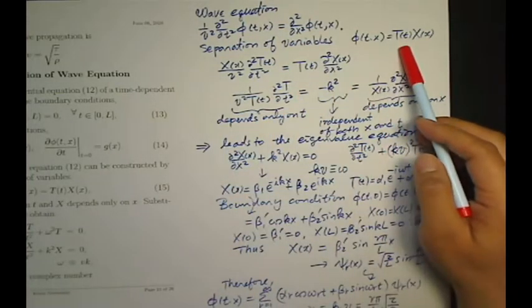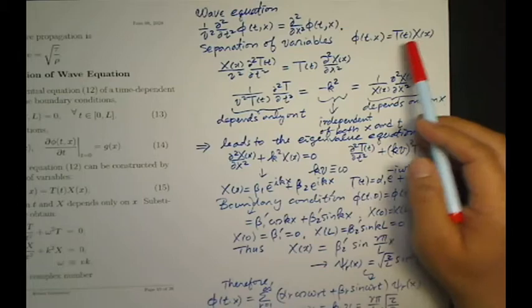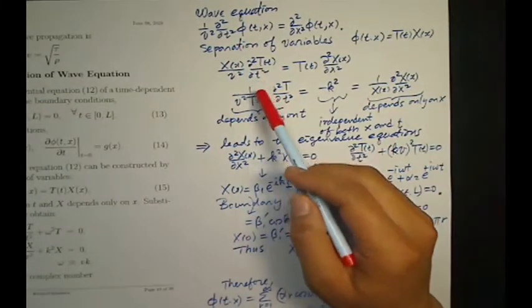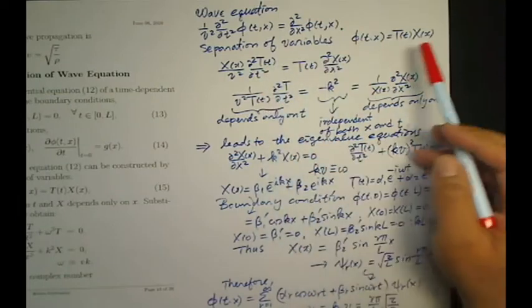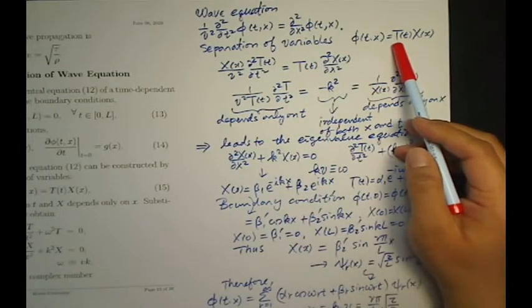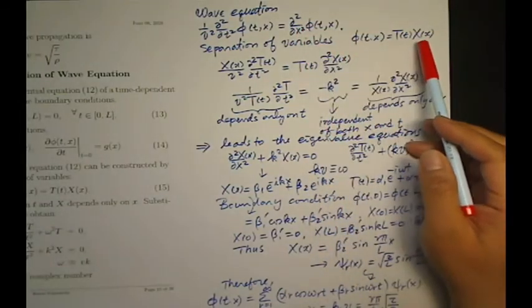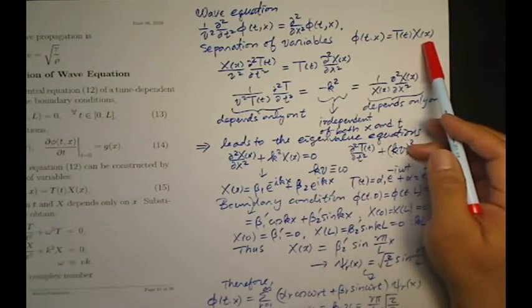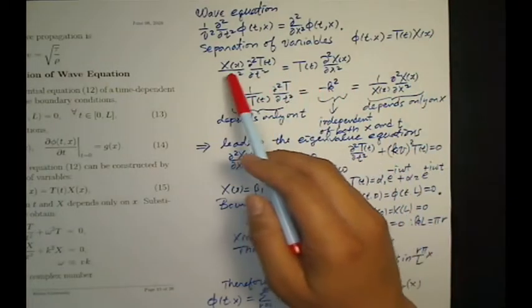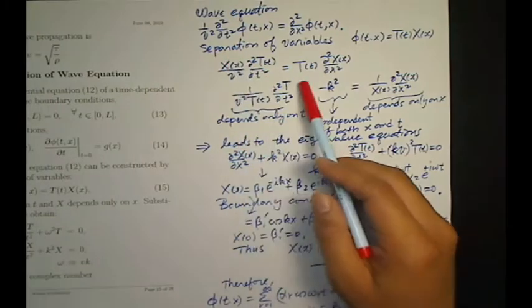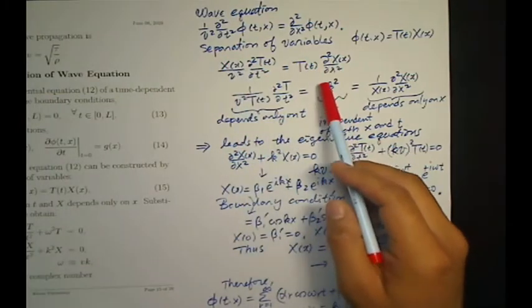So if we substitute this trial solution into this equation of motion, this time derivative applies to the function capital T, and the spatial derivative applies to the function capital X, which is a function of X only. Does the function of X factor out and the function of T factor out?